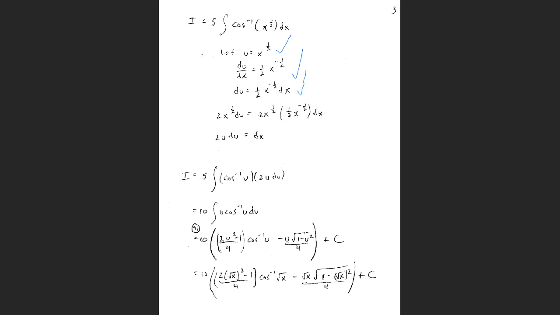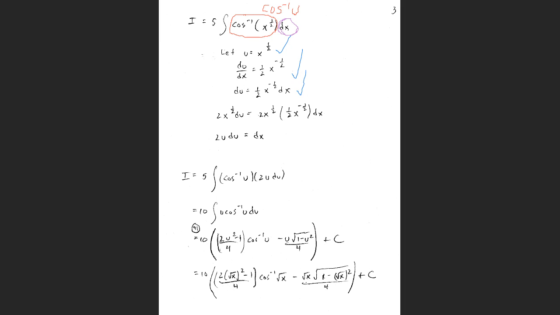All right. So what I have here with the substitution is the arc cosine of u. But now the dx also has to be taken care of.